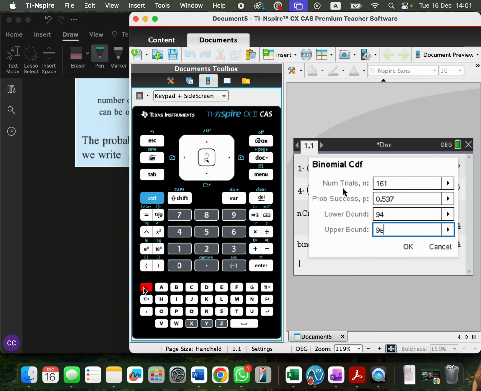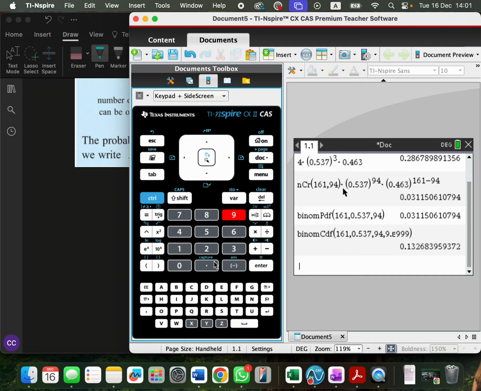It really doesn't matter, just as long as you go to 161, because this is a binomial. You can either have a win or a loss. There's no quarter of a win, so it's a discrete frequency distribution. So you can see that if we wanted at least 94 wins, there's only about a 13.3% chance with the win rates that my team had that if we kept doing it, that is what we would get.